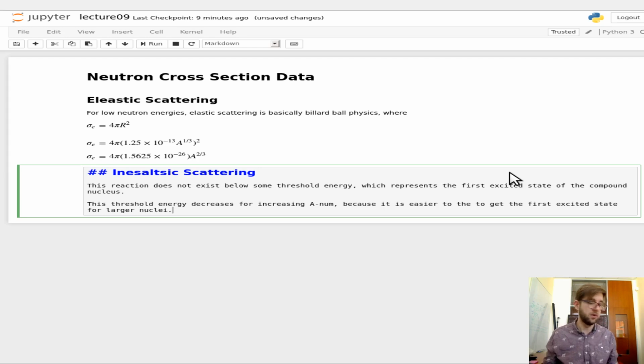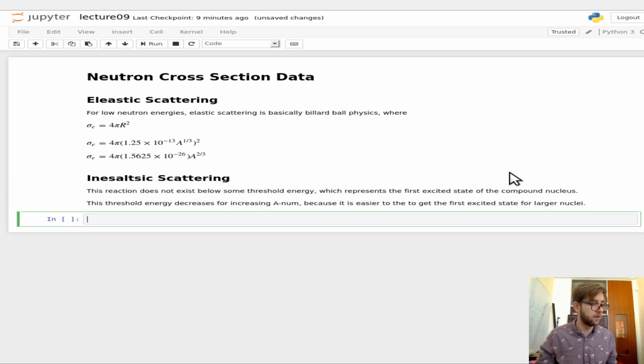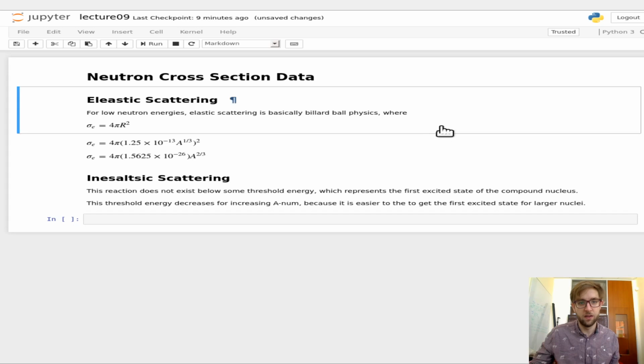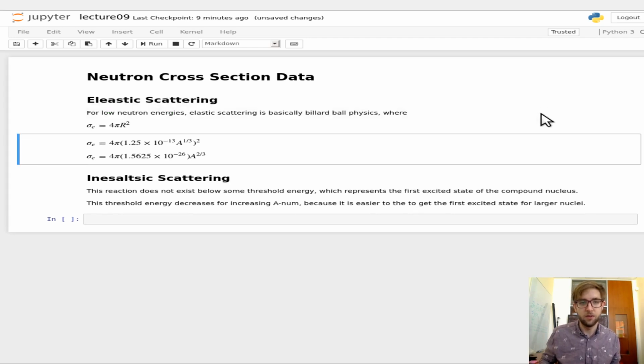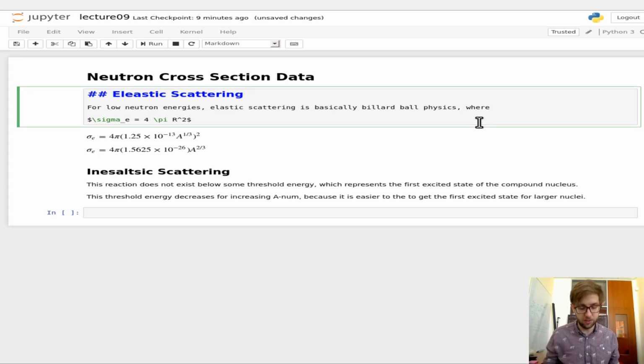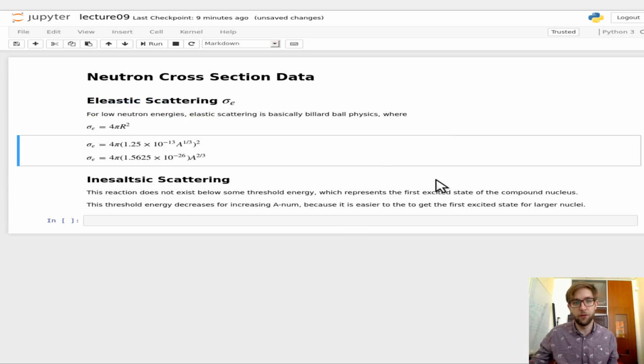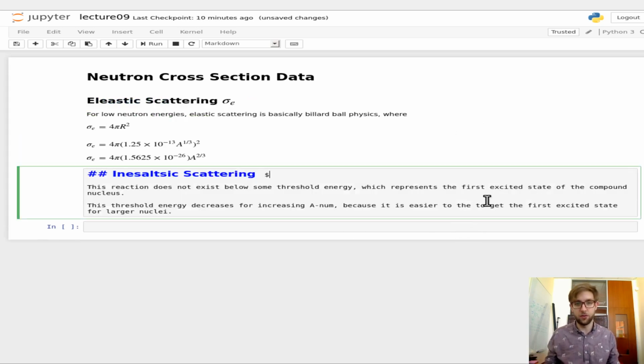So again, you can look up carbon-12 and U-238, and you'll see that the inelastic scattering cross-section, sigma sub I, is different; the threshold energy is lower for U-238 than it is for carbon-12.